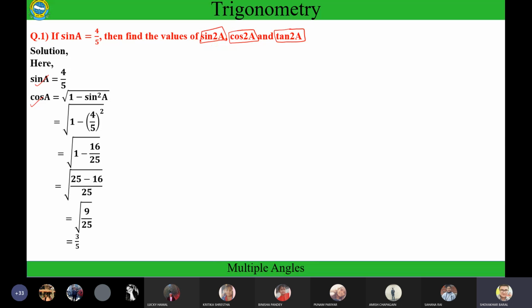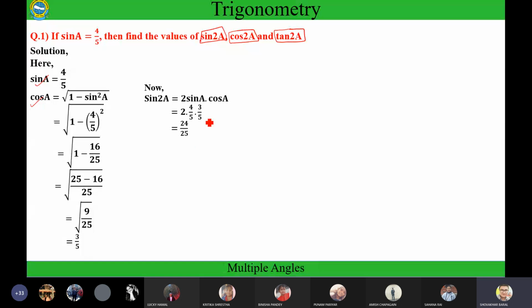Now sin 2A is equal to 2 sin A cos A. As you know the formula here, we have already discussed it. We have derived this formula also. So this is equal to 2 times 4 upon 5 times 3 upon 5, and this will be equal to 2 times 4 is 8, 8 times 3 is 24, and 5 times 5 is 25. 24 by 25 is the value of sin 2A.